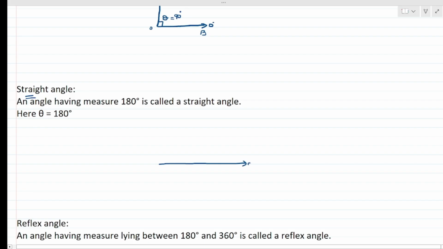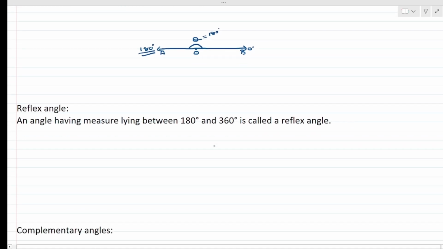That means if this is our 0 degree and this is our 180 degree, so this is my angle AOB, where my whole angle theta will be equal to 180 degree. It will be a perfectly straight line as you can see in the figure. An angle having measure 180 degree is called a straight angle. Always remember for a straight angle theta will be equal to 180 degrees.